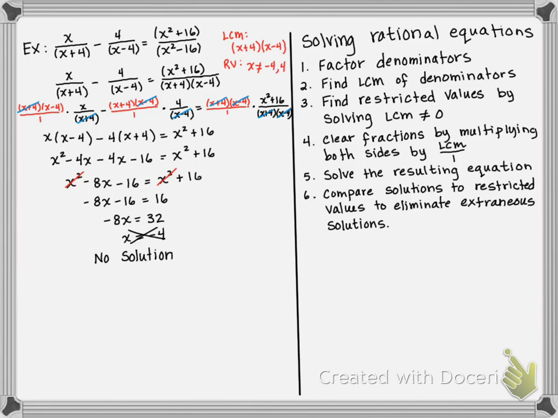The values of x which make the LCM 0 were the restricted values. So x plus 4 is not a restricted value, but 4 is a restricted value, and then x minus 4, well, minus 4 and plus 4 is 0. So 4 and negative 4 are restricted values because if I put them in for x, it will make my LCM 0.